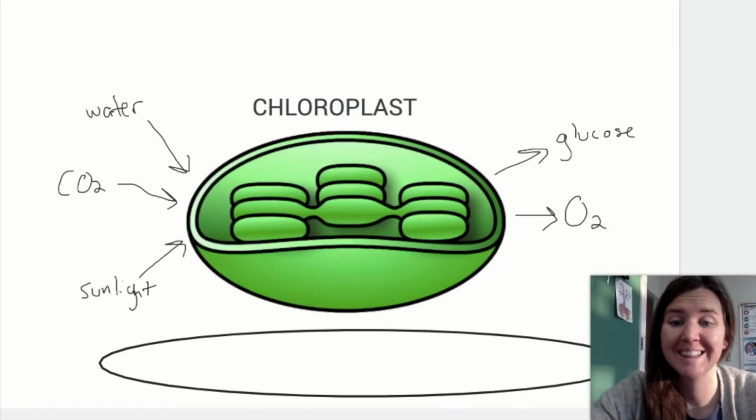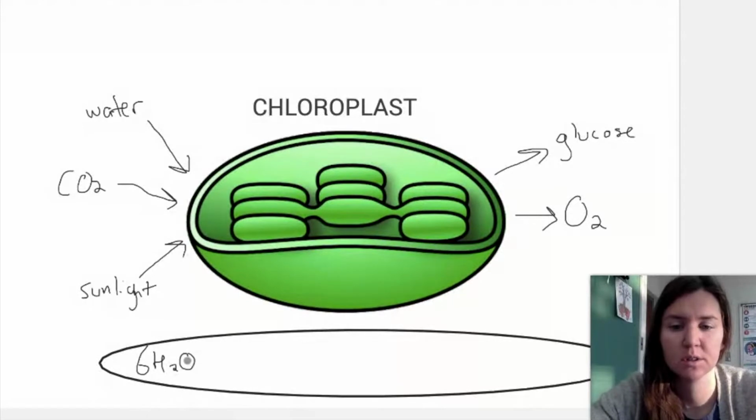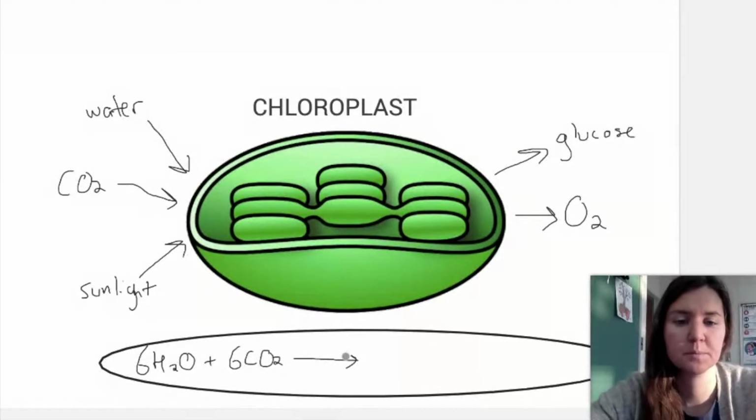So if we were going to write this out as an equation, we'll do this down here at the bottom. It would be 6H2O, the numbers are there to balance out our equation, plus 6CO2 produces, the formula for glucose is C6H12O6 plus 6O2.